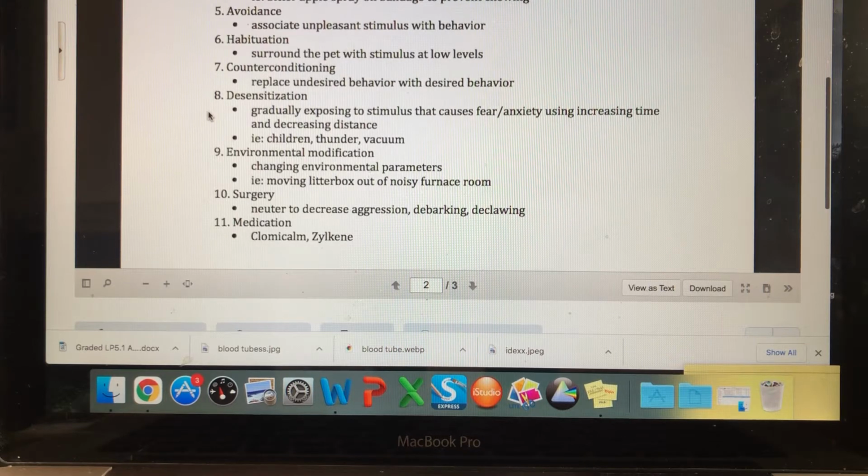What we can do is turn the vacuum on from really far away, leave it on for a couple seconds, and then turn it off. And the dog or the cat whips their head around, looks at it, and is like, what the heck was that? And then kind of moves on from it, right? And we can slowly increase the time that you have that vacuum on and decrease how far away you are from them. So that's a good way to build up tolerance with something that causes fear or anxiety.